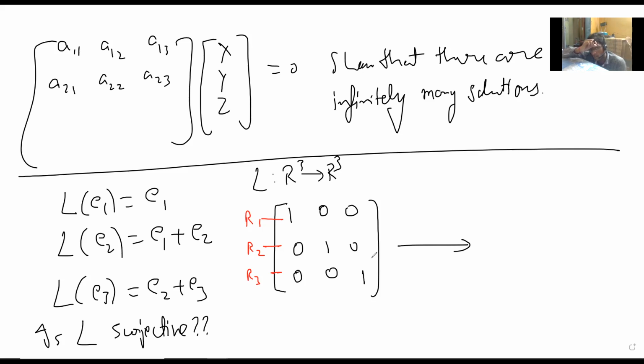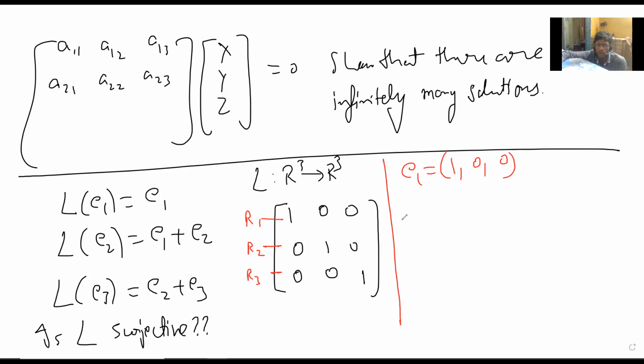E1 is 100. Second row, what is the second row?